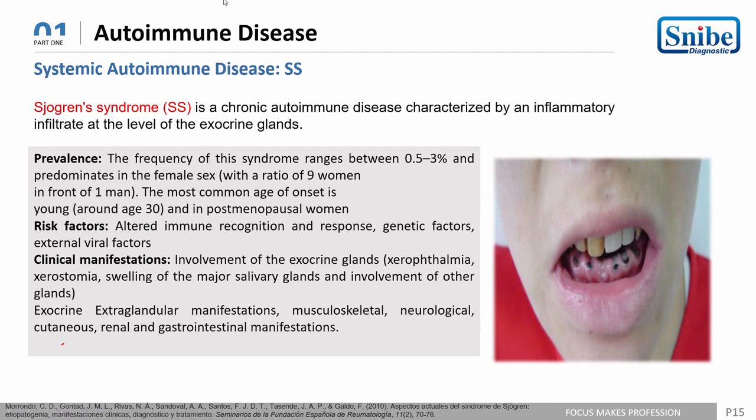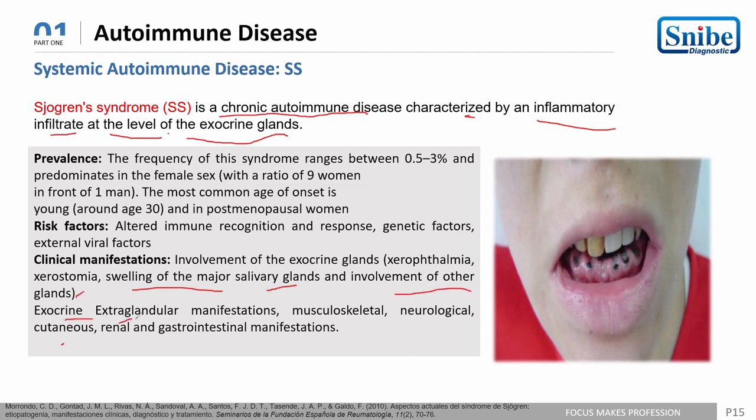So what is Sjogren's syndrome? It's a chronic autoimmune disease characterized by inflammatory infiltrate at the level of the exocrine glands. The clinical findings are involvement of the exocrine glands, especially xerophthalmia, xerostomia, swelling of the major salivary glands, and involvement of other glands as well.